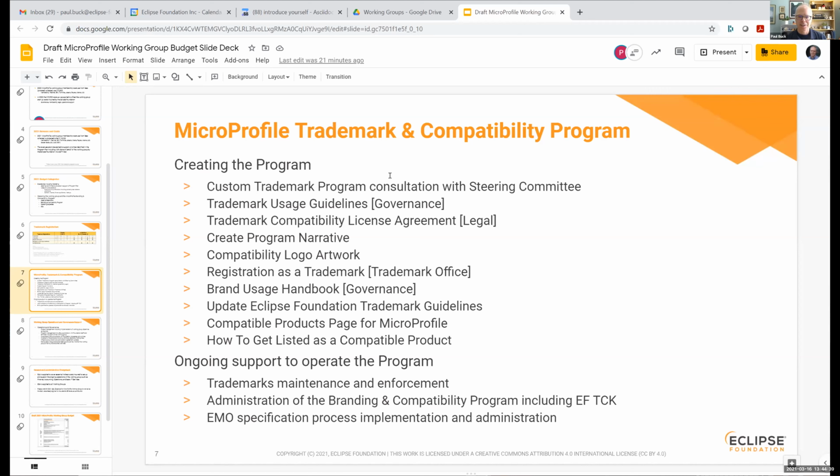So let me take this away and then come back, because this is a subset of the items that need to get done, and which ones do we believe need to live and be owned by the foundation, and which ones can the working group take on in collaboration, and see where we end up. Okay, so what I'm intending to communicate is we set aside the cash, but we start working on it.